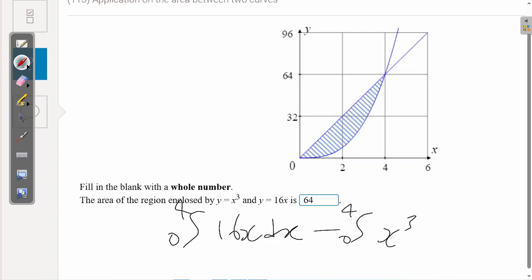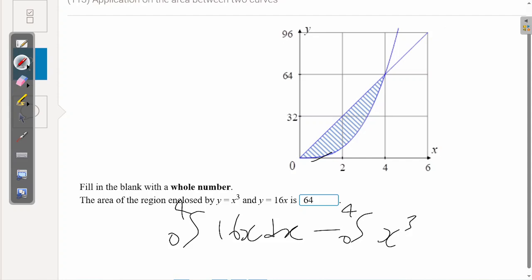Why? Because the one for 16x has a greater area. It's the whole triangle, while the one under x cubed is just the slice. So it's the big one minus the small one.